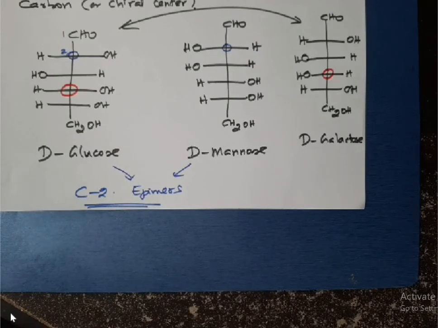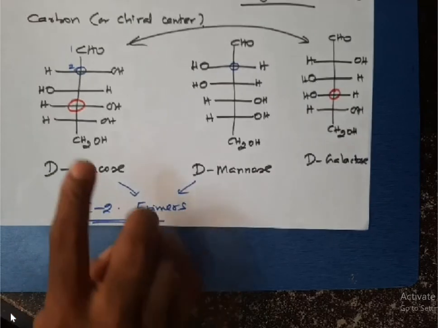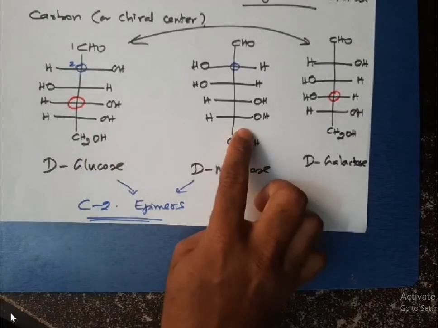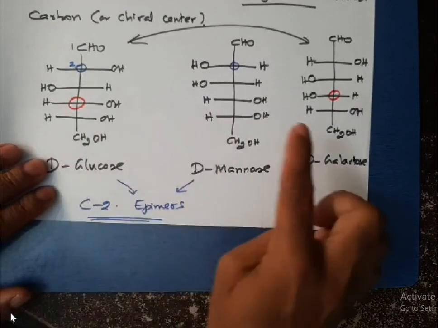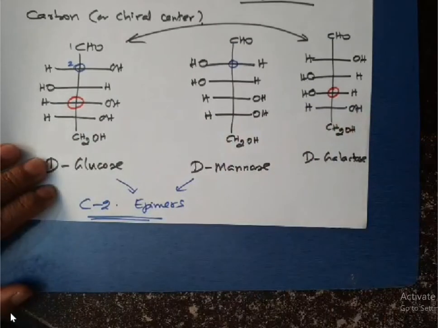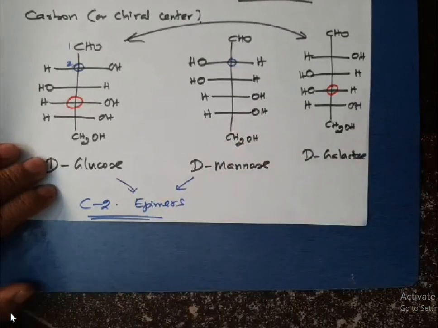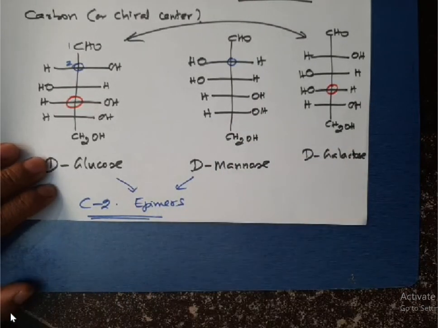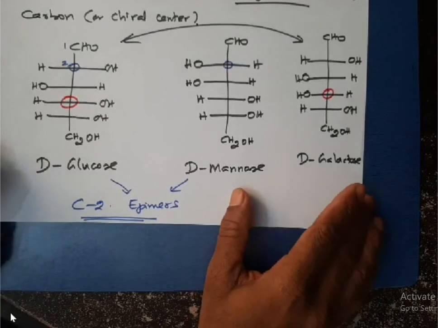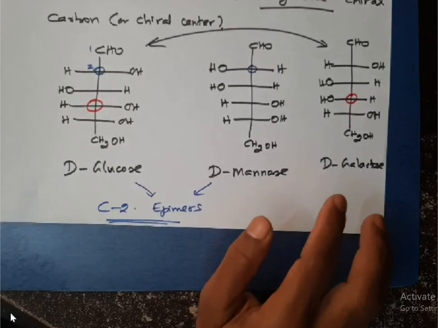If they differ only in one chiral center, then we can call them epimers. So here glucose and mannose are C2 epimers. Glucose and galactose are C4 epimers. Mannose and galactose are not epimers because they differ in two carbon atoms. They are not epimers. Okay, is this clear, students? Any doubt here? Any doubt?